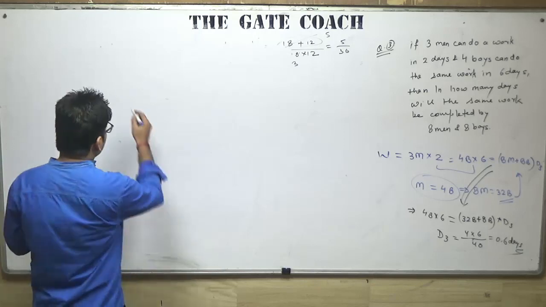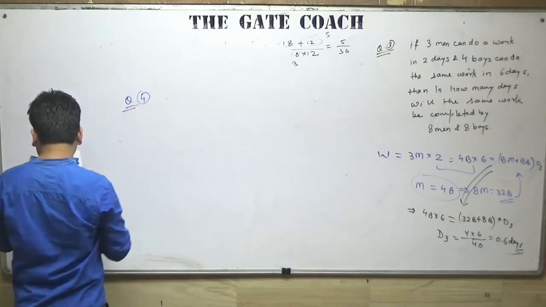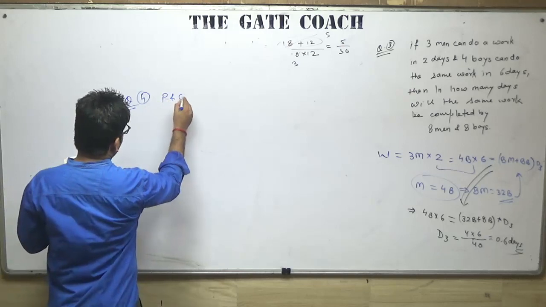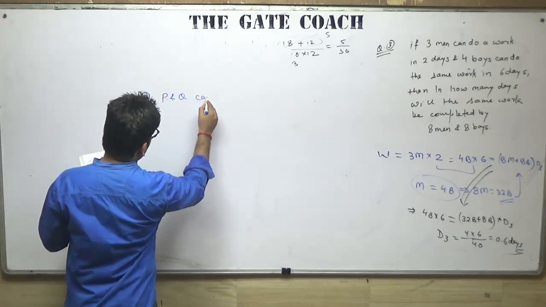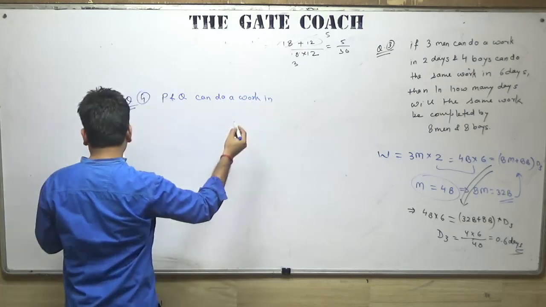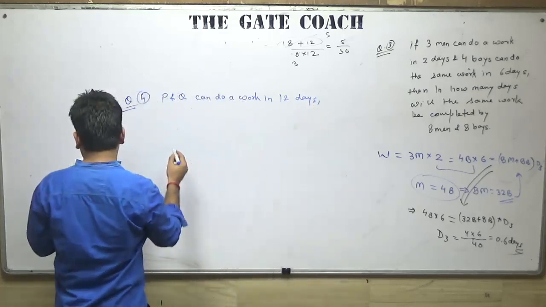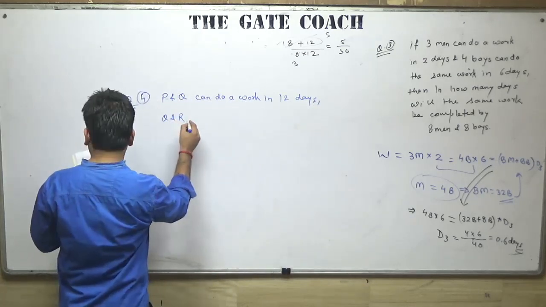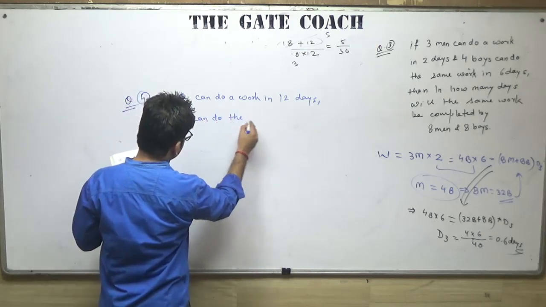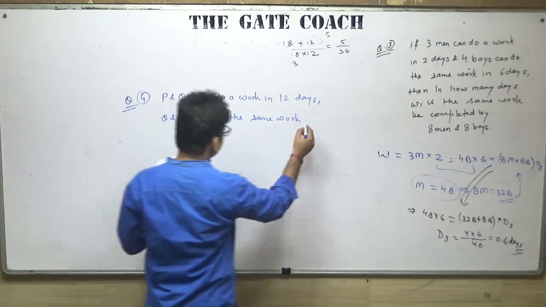ठीक है. तो next question, that will be 4. कौन सा कराना है? ये. P and Q can do a work in 12 days. Q and R can do the same work in 16 days.